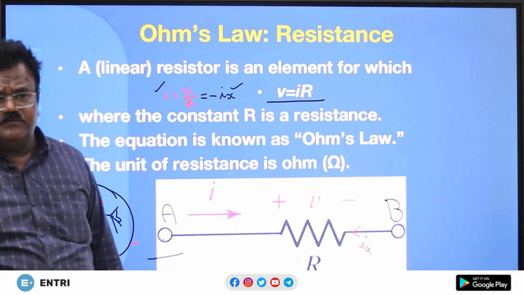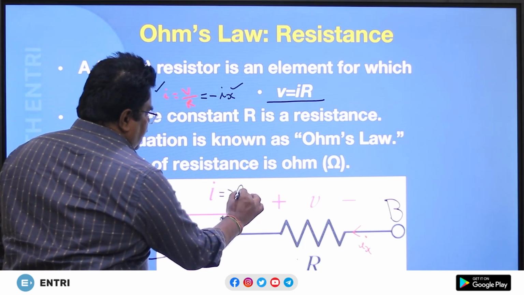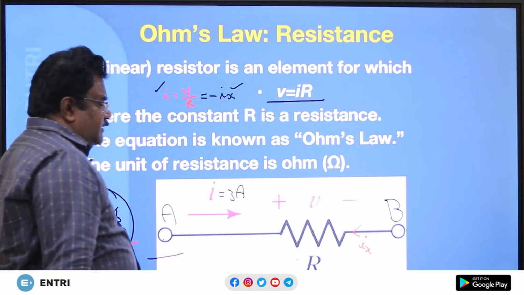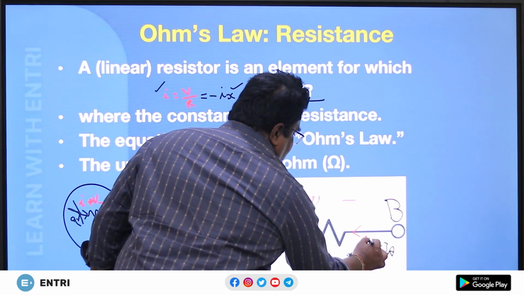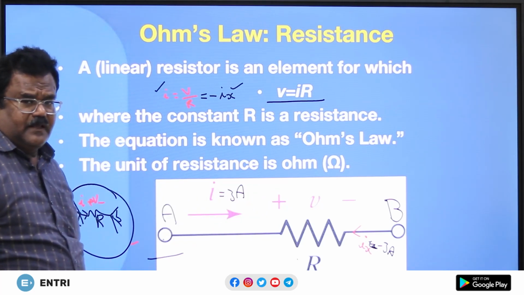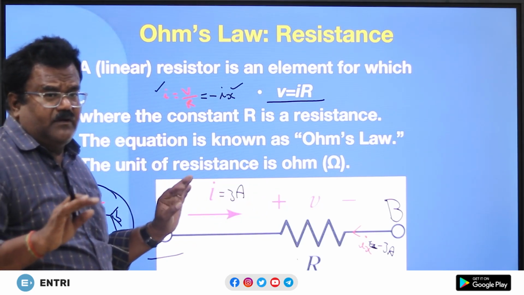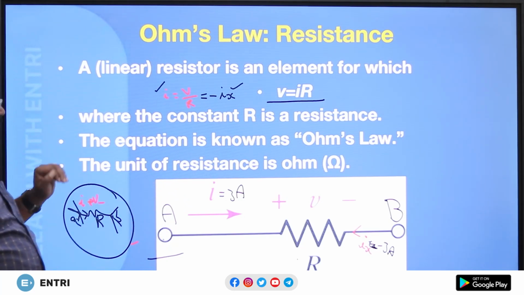Both are correct. Suppose this is having 3 amps. Then what is Ix? That is minus 3 amps, that's all. Nothing is wrong here. And this Ohm's law is applicable under constant temperature conditions.